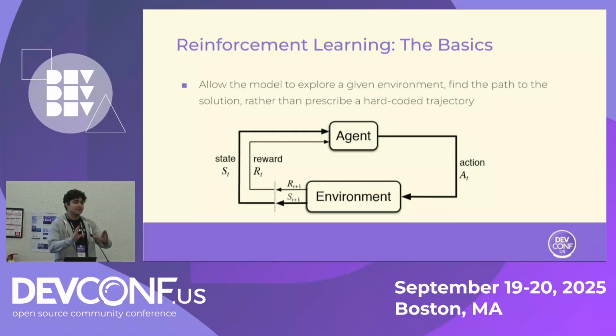You've got the board state in chess, and your model says, I'm going to take an action, which is move a piece. The model will then receive a reward based on how good or bad that move was, as well as the updated state, the new state of the chessboard. Then it'll take another action, receive a reward and an updated state, and so on.